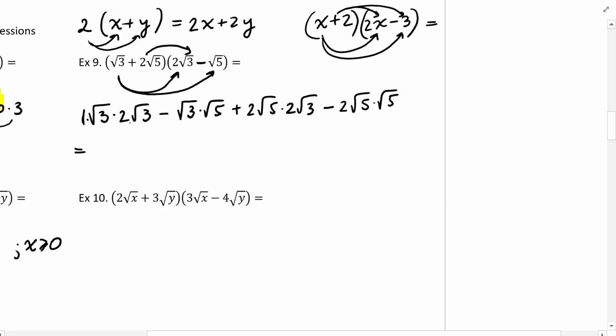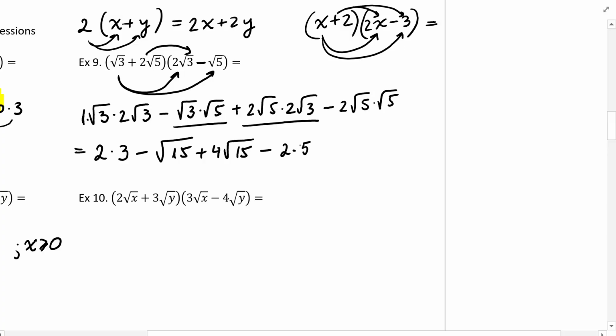So we get 1 times 2, 2. Square root of 3 times square root of 3, square root of 9, which is 3. Minus square root of 3 times square root of 5, it's square root of 15. 2 square root of 5 times 2 square root of 3 is plus 4 square root of 15. And then minus 2 times square root of 5 times square root of 5, it's 5. So we get 6 negative square root of 15 plus 4 square root of 15.